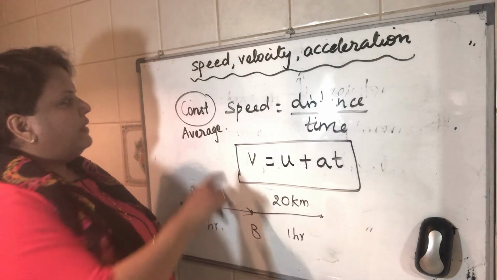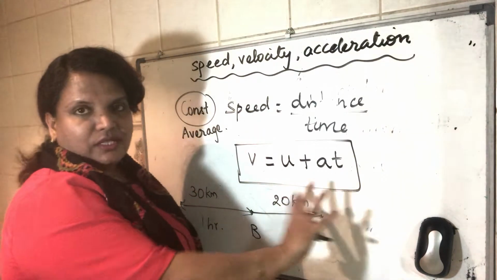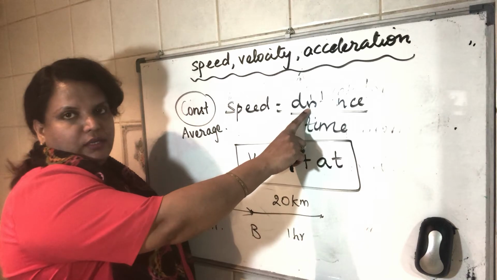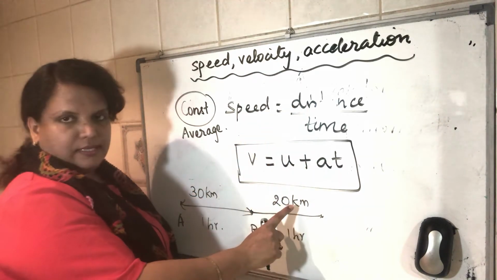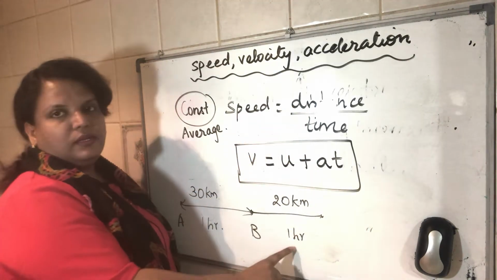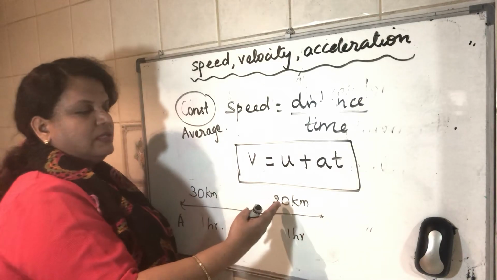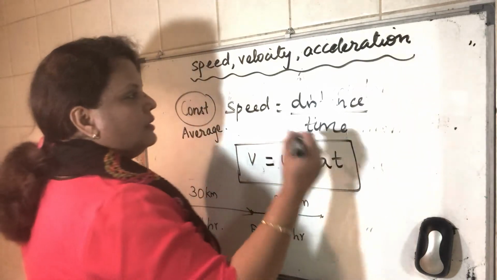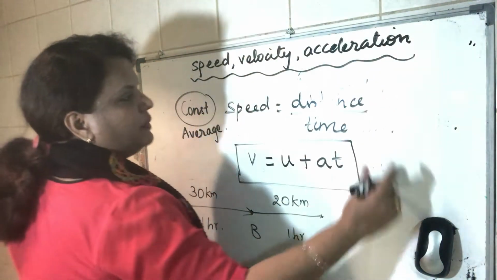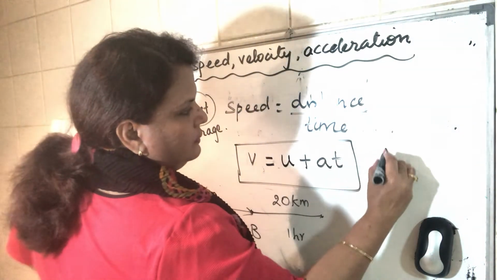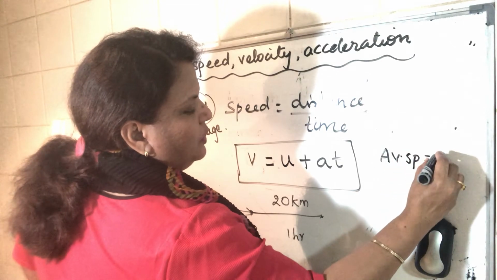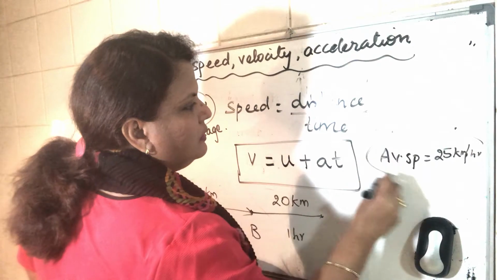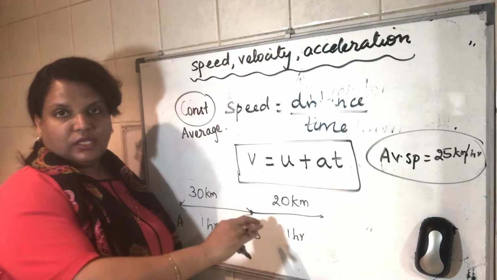Now if you are asked to find the average speed of this journey, what do you do? You take the total distance covered divided by the total time taken. So the total distance is 50, upon 2 hours, you get 25 kilometers per hour. So your average speed is 25 kilometers per hour for this journey.